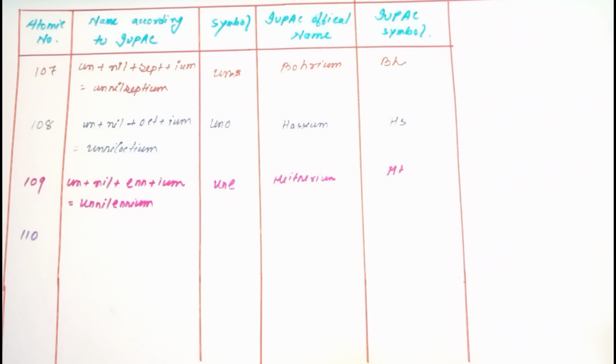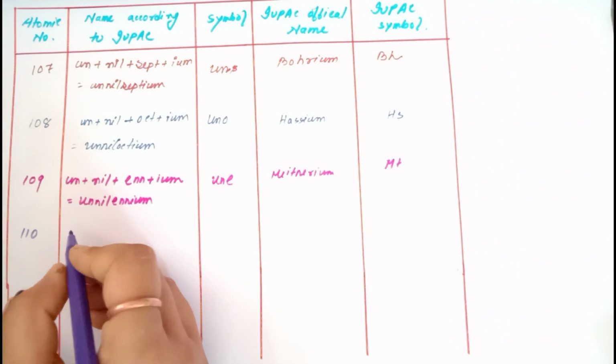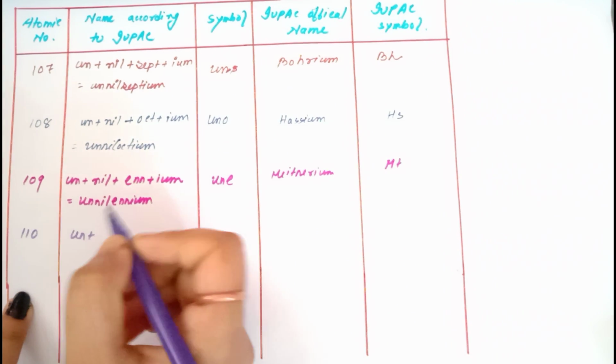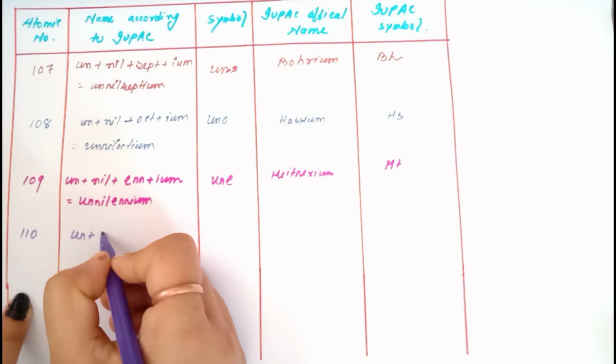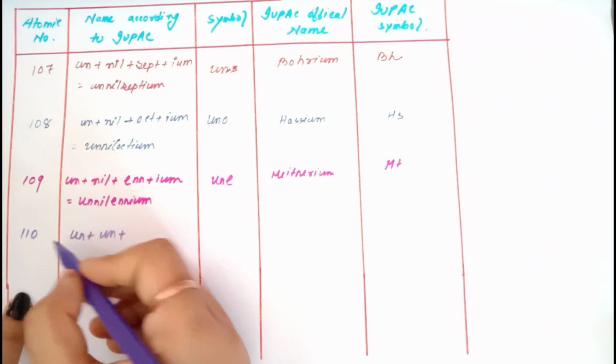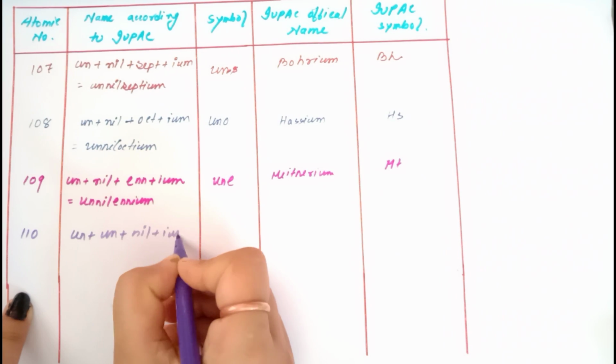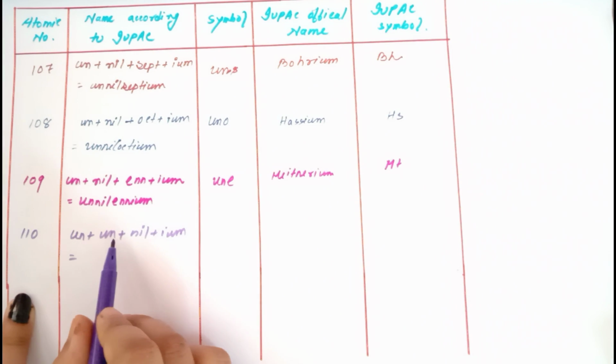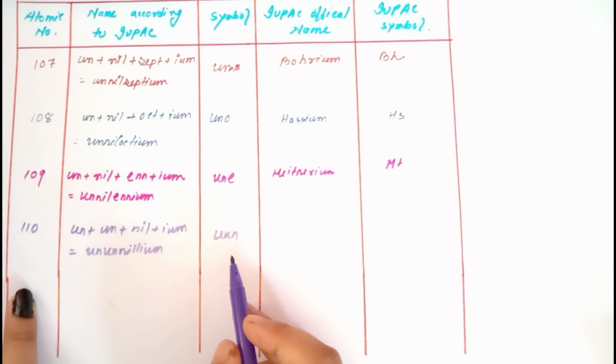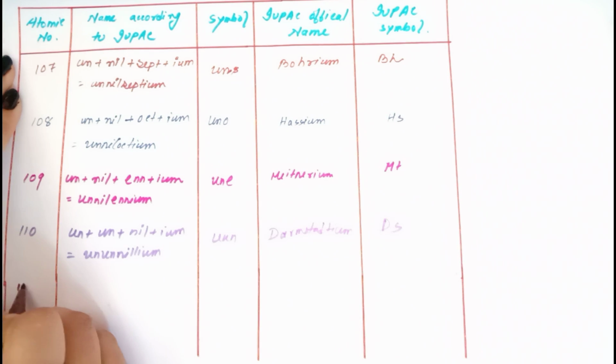Atomic number 110 is named as un plus un plus nil plus ium. Ununnilium. It is symbolized as Uun.